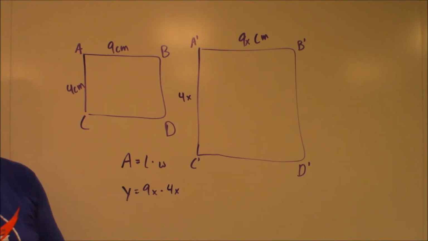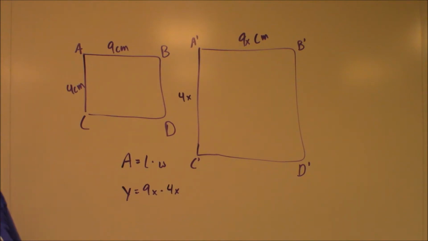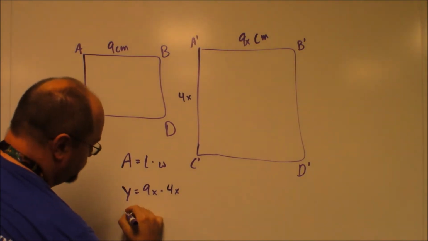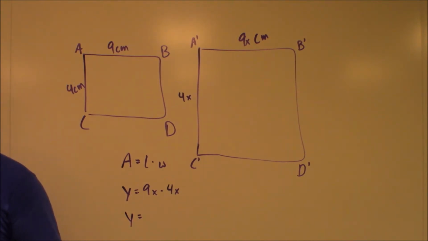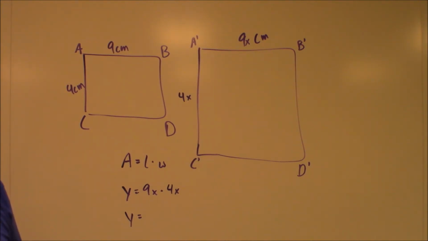Now, this is where you can get yourself into trouble if you're not careful, because there are 2 answer choices that are very tempting: answer choice F and answer choice G. The only difference between the two is that one of them has x squared and one of them does not. So this is what we need to think about.